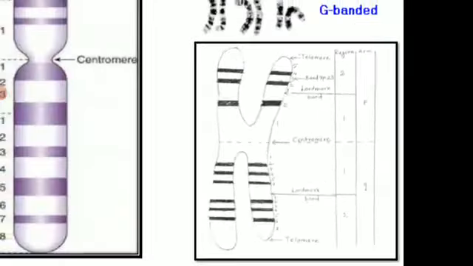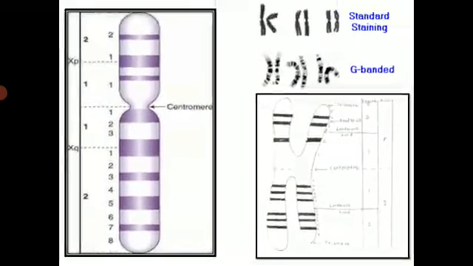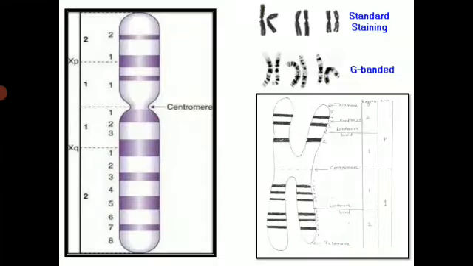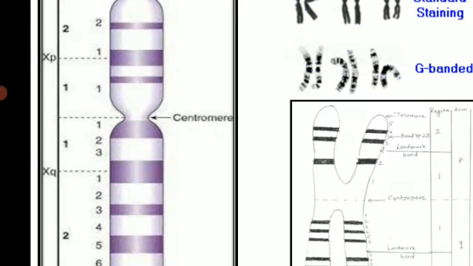Okay, now about the banding techniques, you can see it in this picture also. You can see easily. This is P arm, this is Q arm, then this is region 1 and region 2. Okay, and then these bands are named 1, 2, 3, and 1, 2, 3, like that. Okay, here also you can see the one.